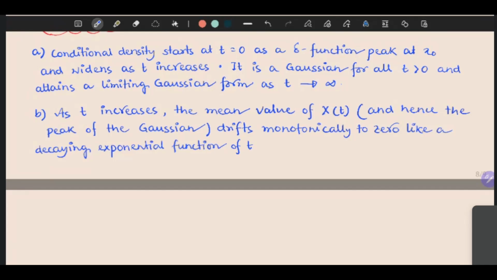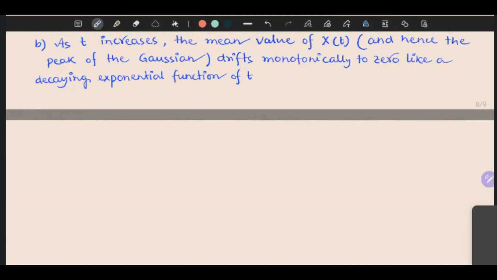So basically it does just like this. Okay, so it monotonically drifts towards this. And second part is that we will calculate these things one by one.